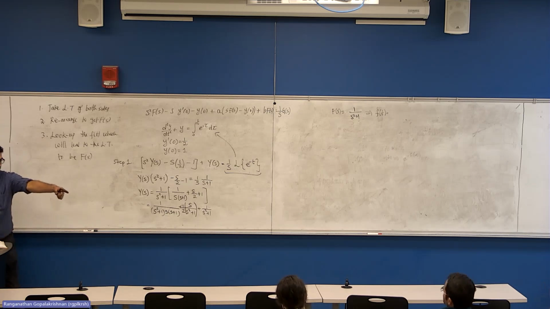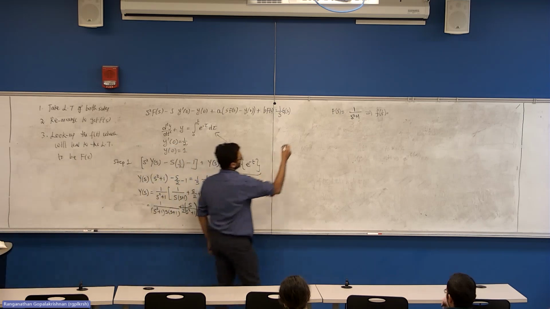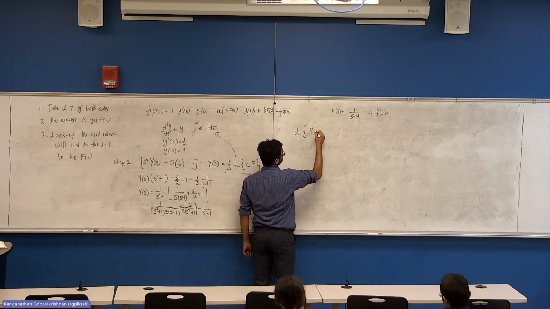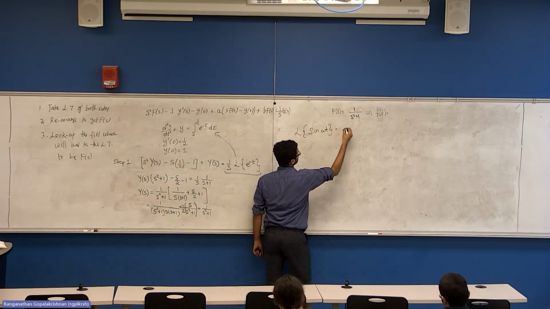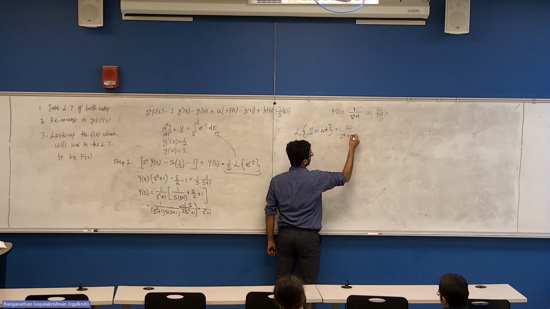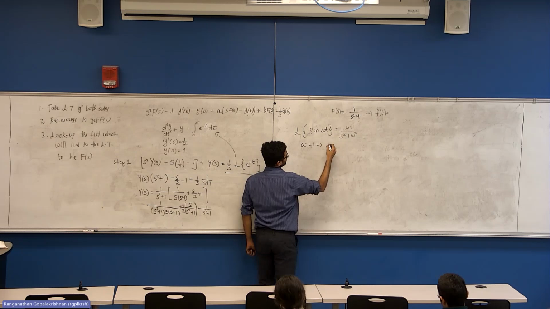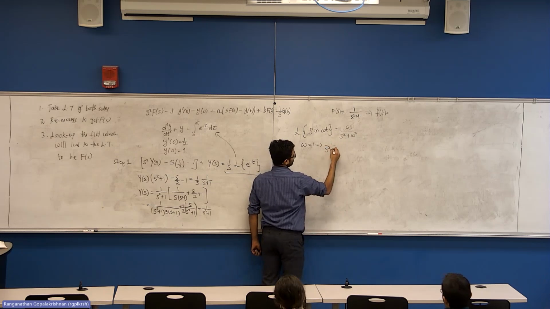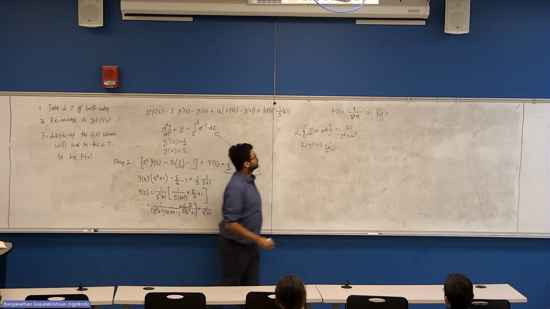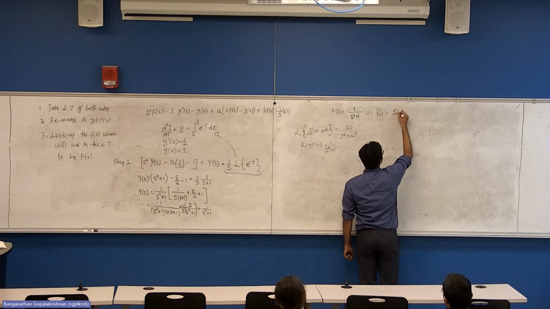Remember e power a t sine omega t. For your reference, the Laplace transform of sine omega t is omega divided by s squared plus omega squared. Setting omega equal to 1, you get 1 over s squared plus 1. So this is like saying sine of t.